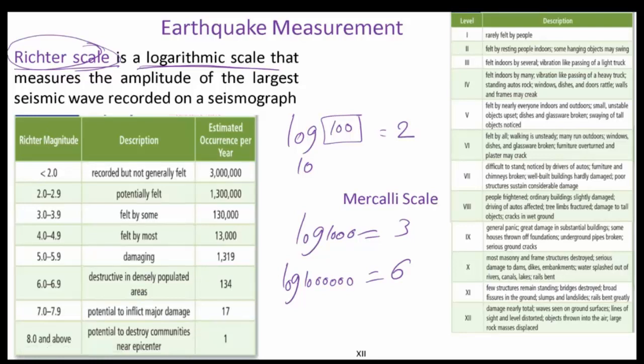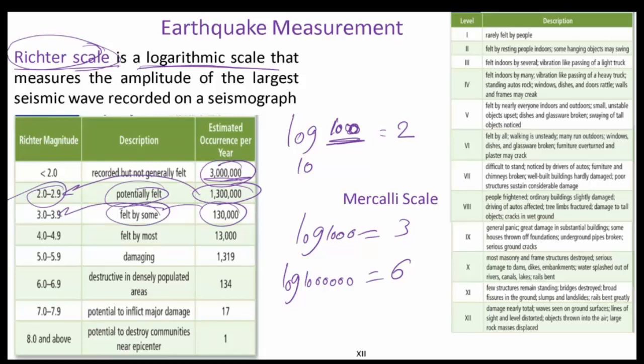Okay? So, for example, there are 1.3 million earthquakes below 3, and they are potentially felt. 130,000 below 4, felt by some people. 13,000 earthquakes below 5, felt by most people.